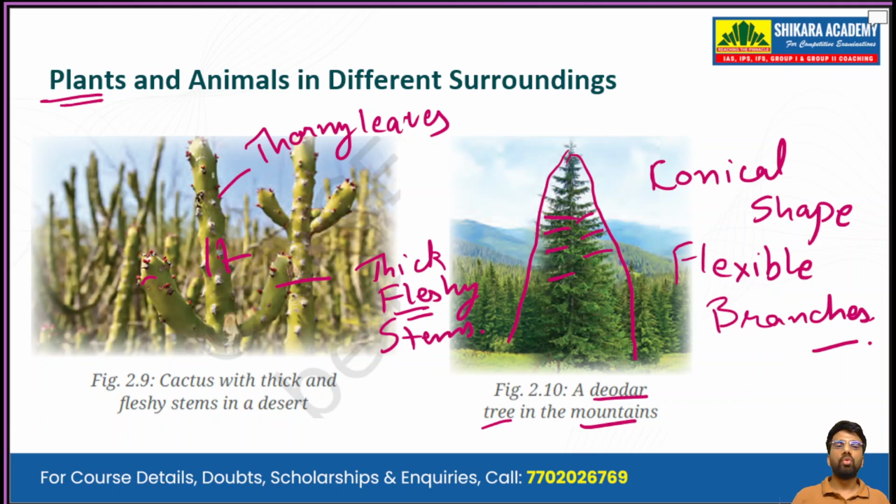Mountains are extremely cold regions. They experience frequent snowfalls. Therefore, in order to survive in such conditions, the trees have the ability to let the snow slide off. Conical shape and sloping branches of deodar trees enable them to do so easily. The branches are flexible as well as sloping.